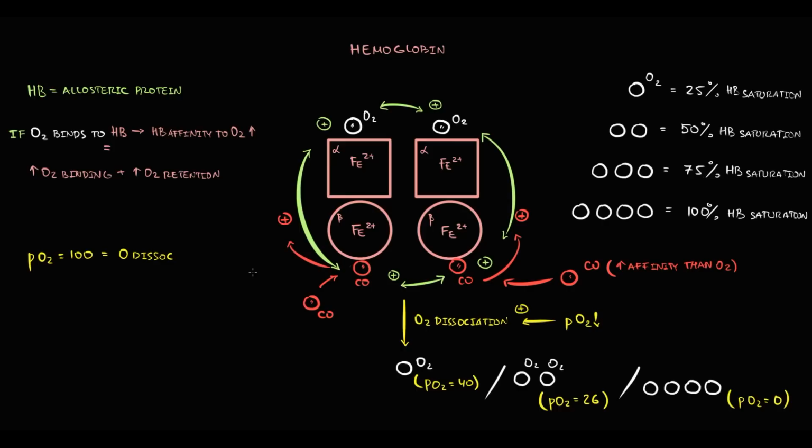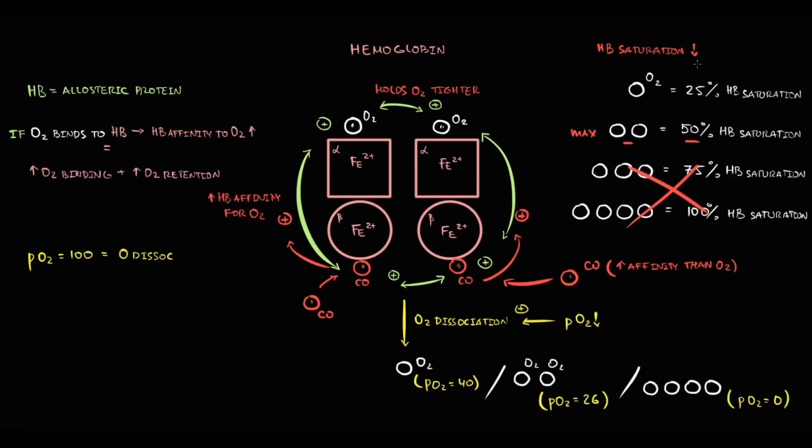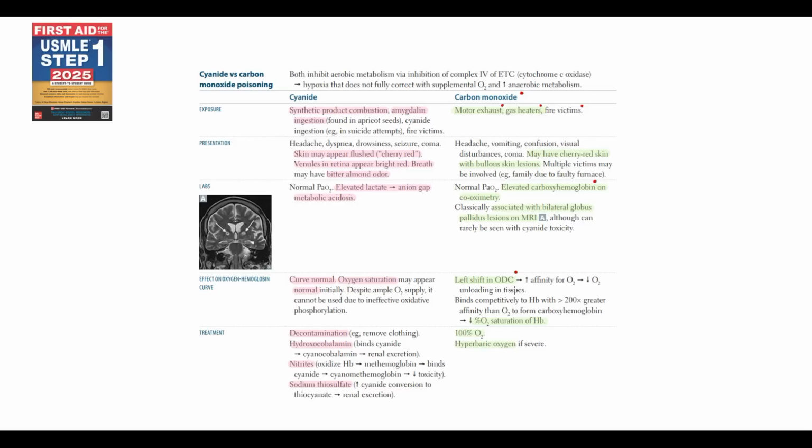Because carbon monoxide substitutes oxygen, hemoglobin-oxygen saturation decreases. So before, oxygen saturation was 100%, for example, and now oxygen saturation can be just 50%. And as we see, decrease in oxygen saturation is one of the diagnostic features of carbon monoxide poisoning.